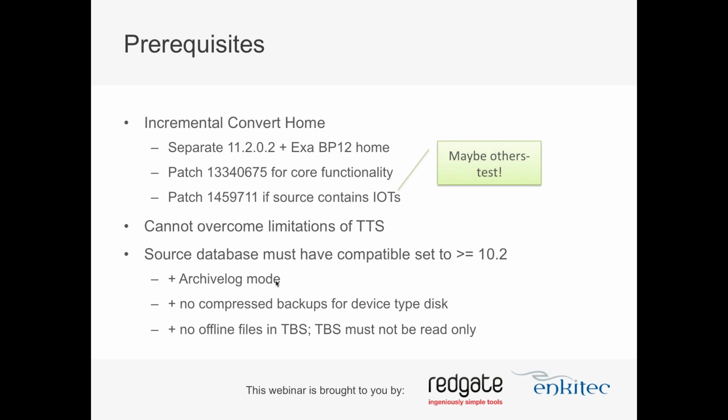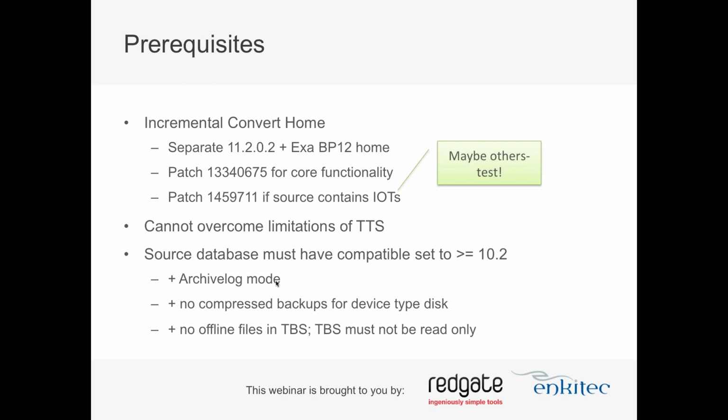There are certain restrictions around encryption, and you also have to have compatible character sets. So I suggest you have a look at the admin guide of 11.2 and read about certain other limits of transportable tablespaces. So this process is nothing new. It builds on the functionality that you already have.